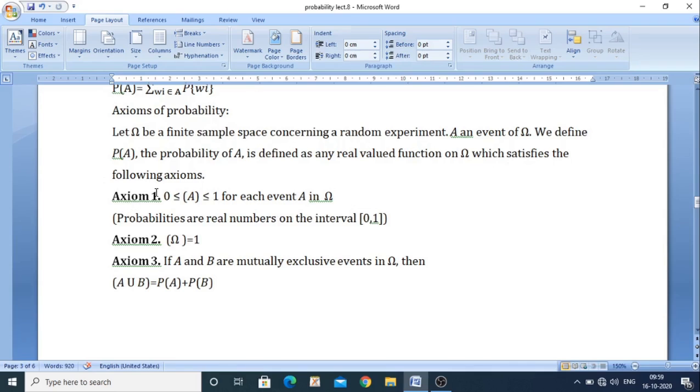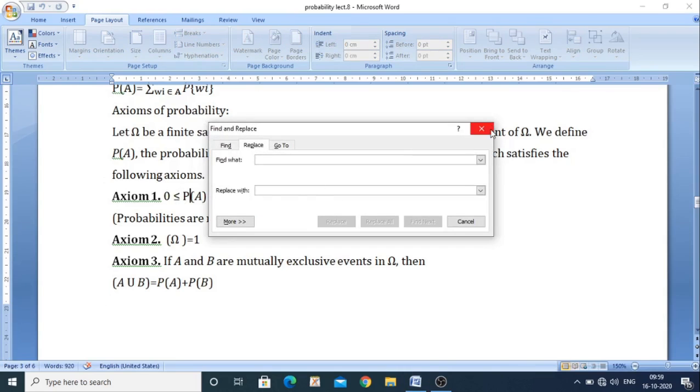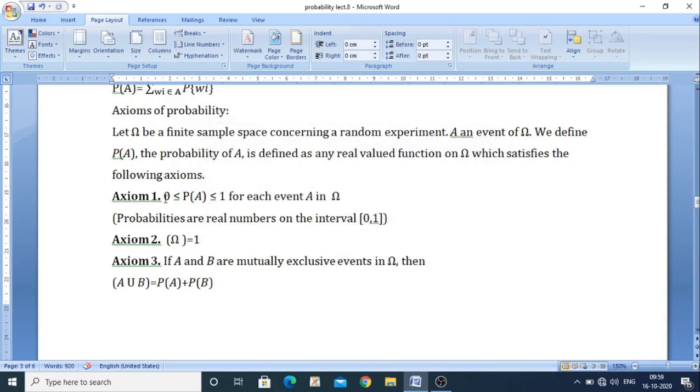The three axioms are: first one is 0 less than or equal to P of A less than or equal to 1 for each event A in omega. So we know that the probability of any event always lies between 0 and 1. So probabilities are real numbers in the closed interval 0 to 1.